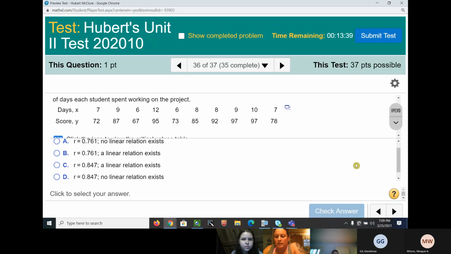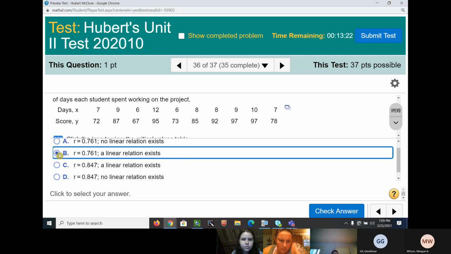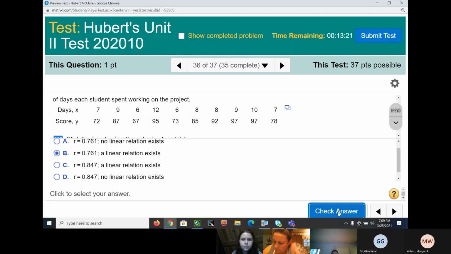R is equal to 0.7622. Okay, is 0.76 greater than 0.632? Yes. So therefore, a linear relation exists.